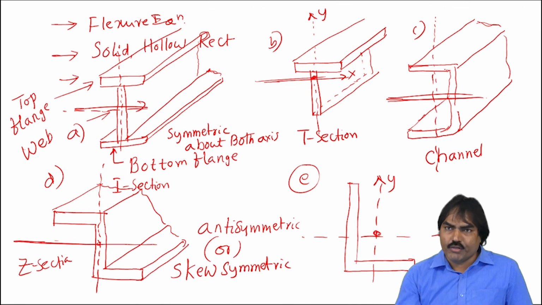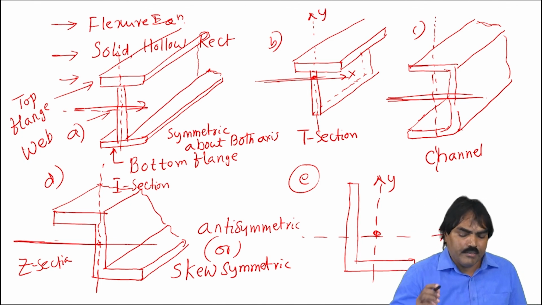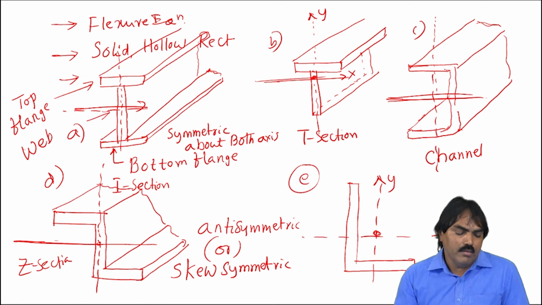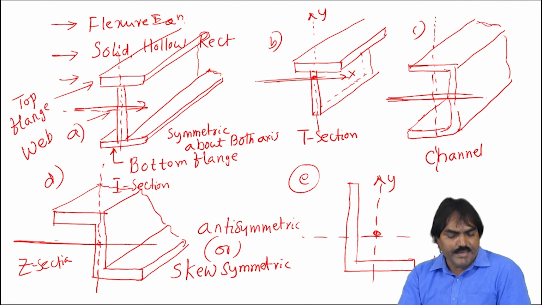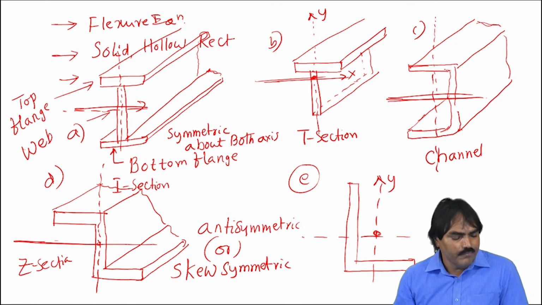So the beam undergoes rotation about a particular axis, and on that axis we have to find the area moment of inertia. These are the various economical sections which are used in the structural mechanics field.